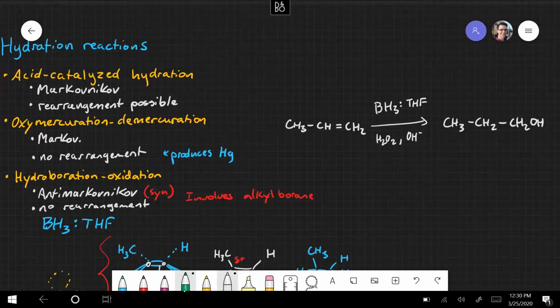If we were to do this similarly with, say, a strong acid catalyst, we would get Markovnikov addition, 2-propanol.